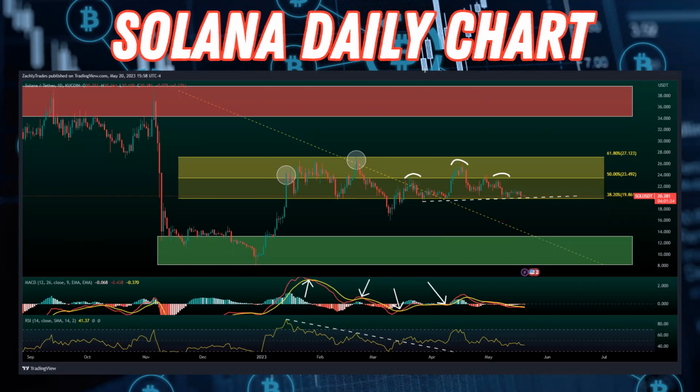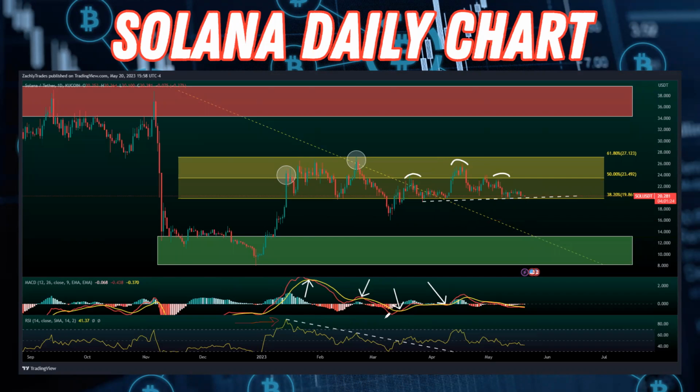So this 19.86 level is still holding strong at the moment, but it's been holding strong for a very long time. And there is that chance it's getting weaker. And if we end up breaking this neckline, there is a strong chance we come back down towards that $16 area on Solana.